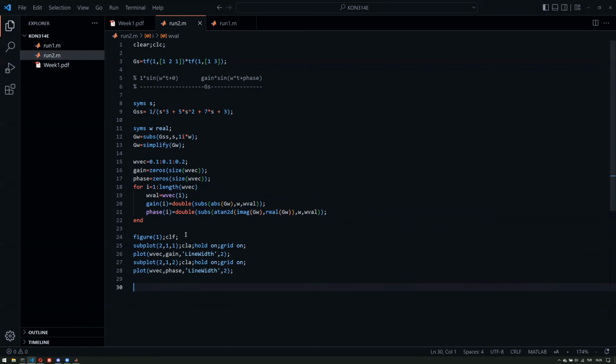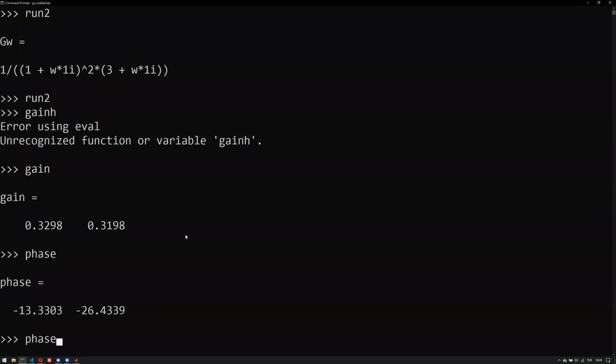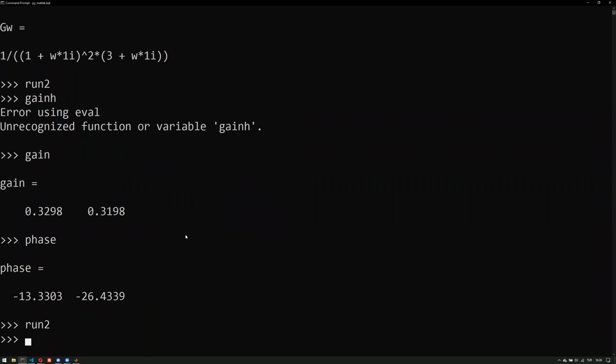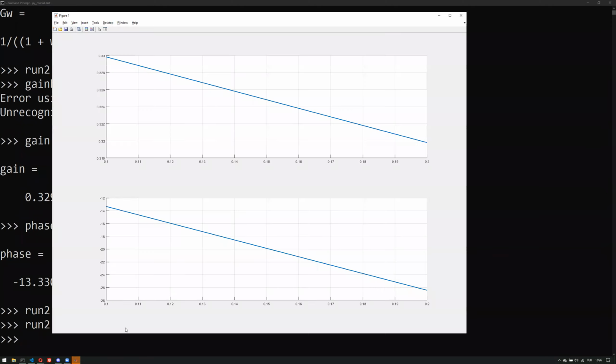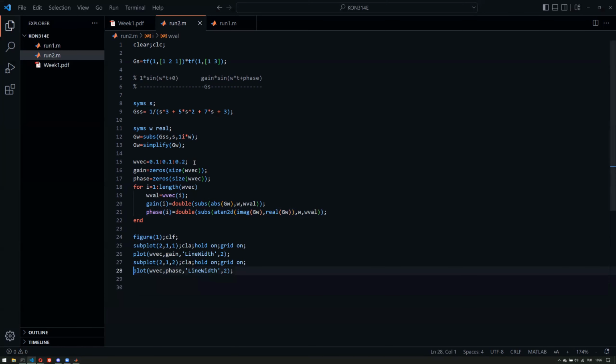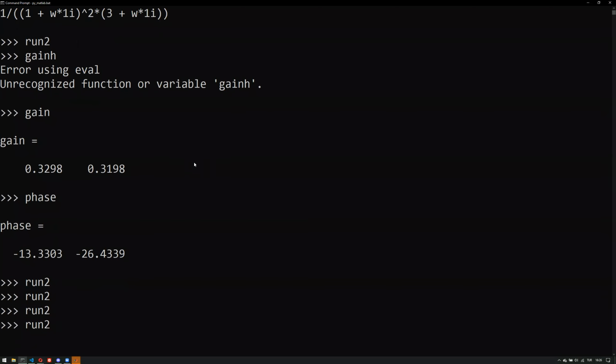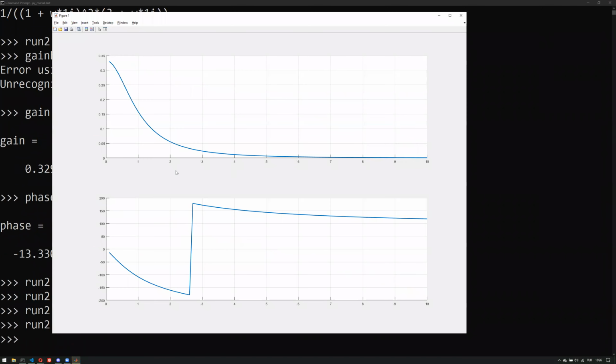And that's basically it. Of course, we will see a plain line on both of the plots because we have only 2 points. So if we increase the omega vector here, for example, up to, let's say, 10, it will take quite some time to calculate this, and we get this result. Now, this is a jumping problem because it is a periodic function.